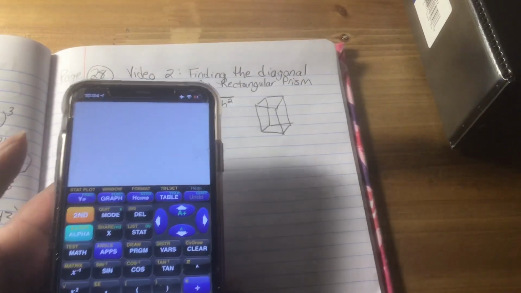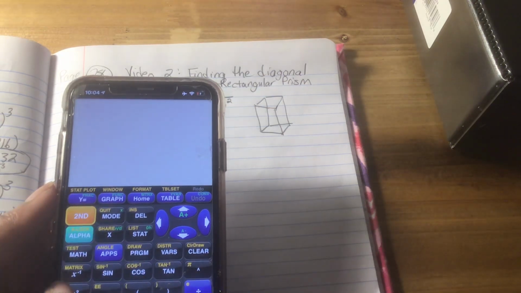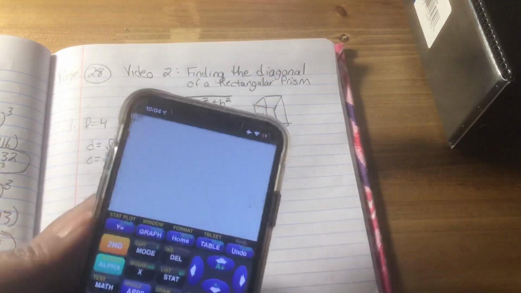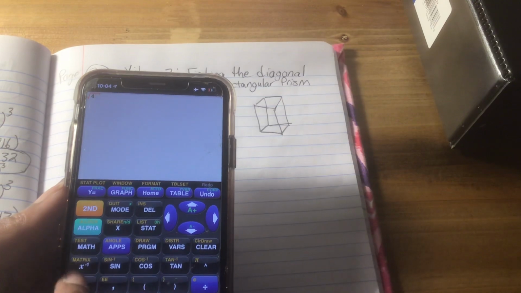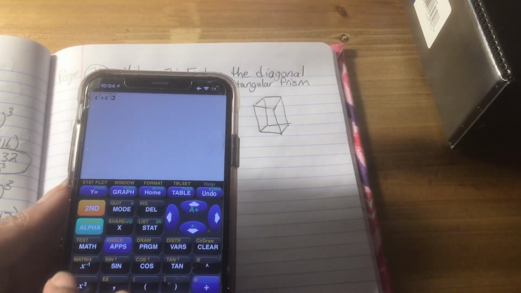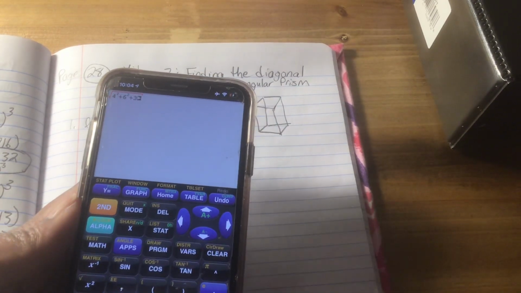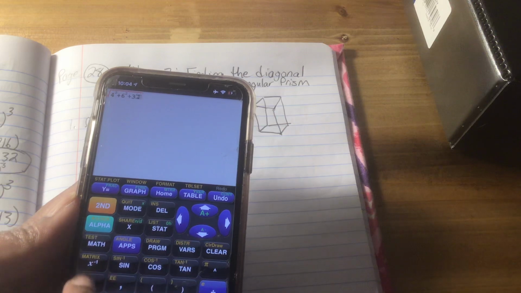You can type this in your calculator. I have my calculator, it looks just like this. You have your second, your square root button, and inside you put 4 squared plus 6 squared plus 3 squared.